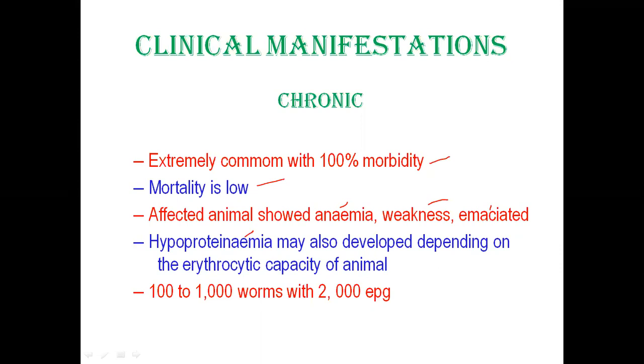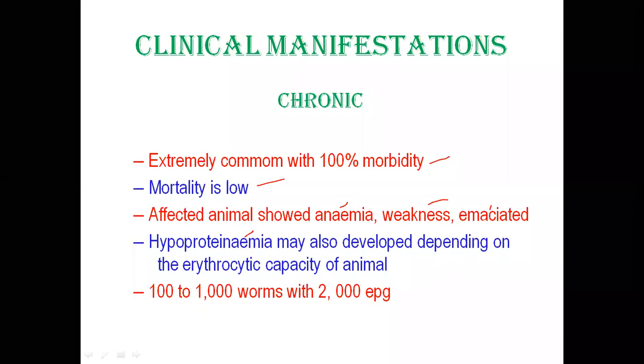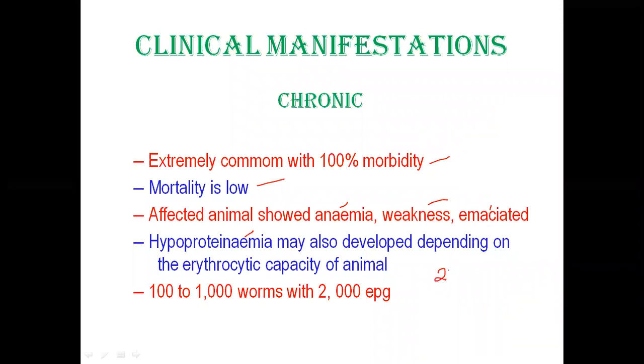And one thing I'm repeating from the previous class: if you calculate in economic terms, scientists estimated that around 2 kilograms of mutton or chevon is lost due to haemonchosis. 2 kilograms of mutton or chevon. If you calculate in monetary terms, 2 kilograms means 700 rupees.